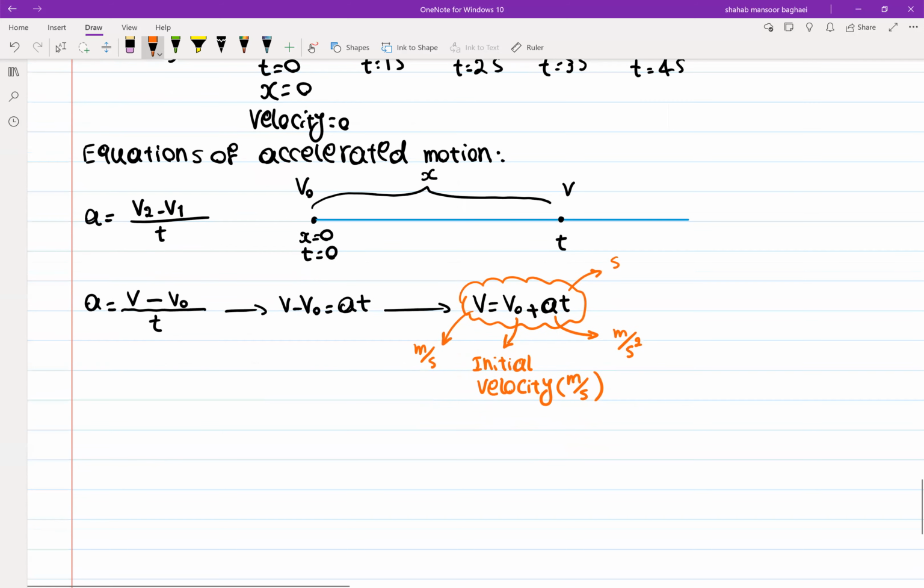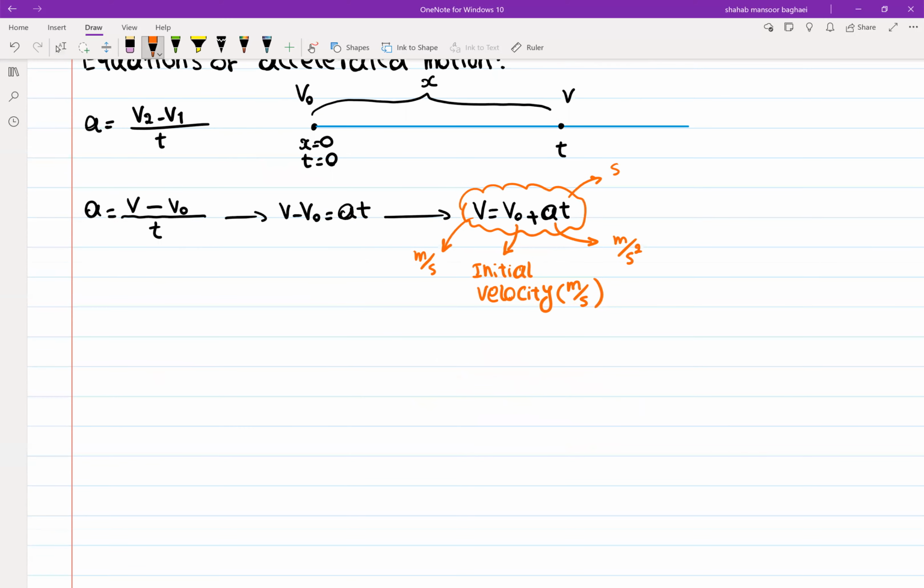Example. There's a moving particle, it's going to the right. Acceleration of this particle is 3 meter per second square.